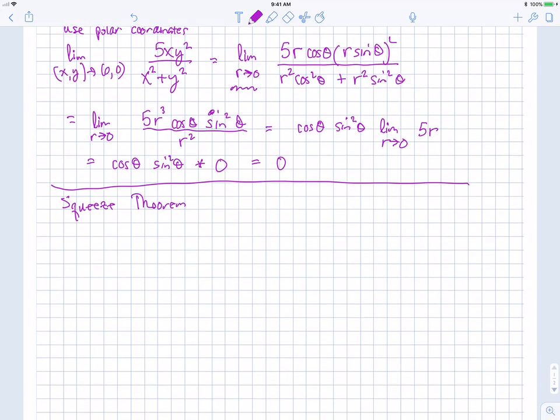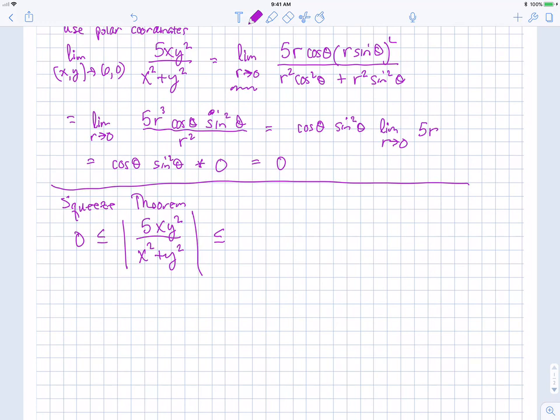Since we think it's going to 0, we can just worry about the absolute values. So 0 is less than or equal to the absolute value of 5xy squared over x squared plus y squared. The denominator is already positive there. Why did I put absolute values on there? That way I don't have to worry about a left and a right. If I can show that the expression inside the absolute value is going to 0, because it's less than or equal to something else.